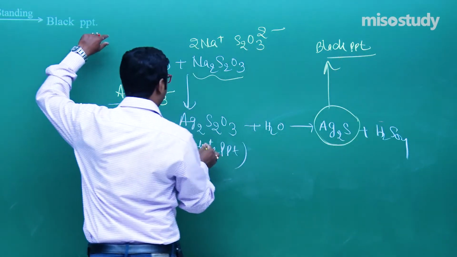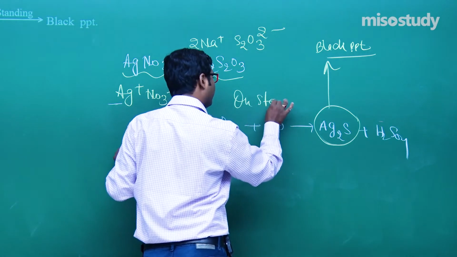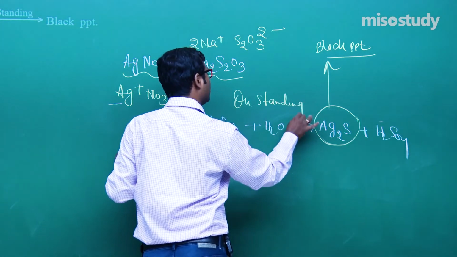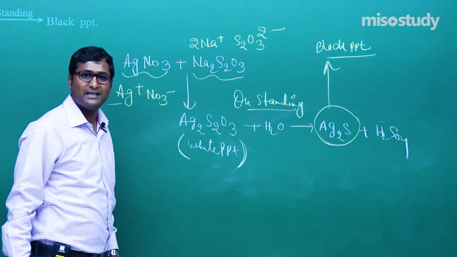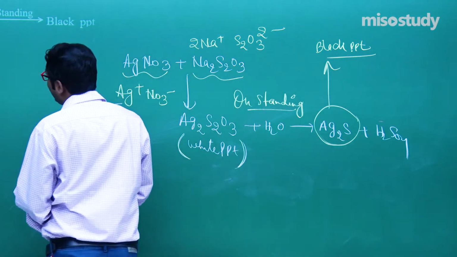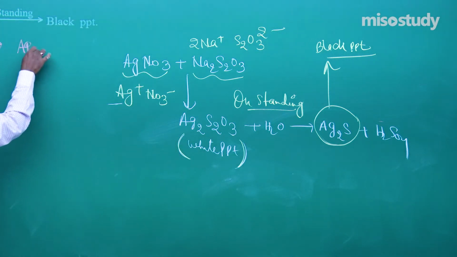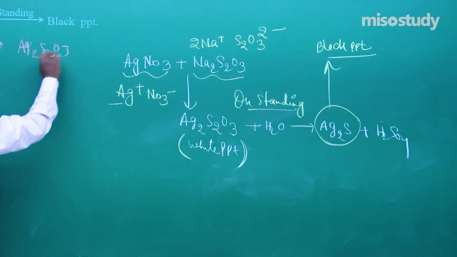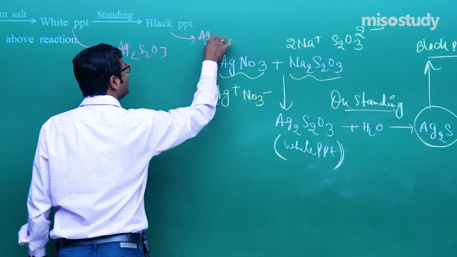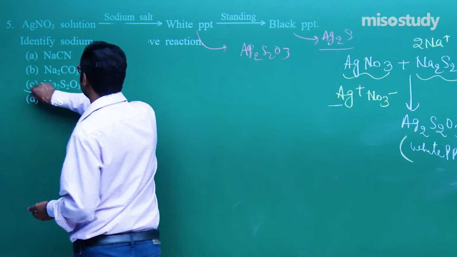So first it forms a white PPT, on standing the reaction proceeds further and gives Ag2S, which is black in color. So according to the question, this matches: Ag2S2O3 and then black PPT, Ag2S. Clear to you? So in this case, the third one is the option.